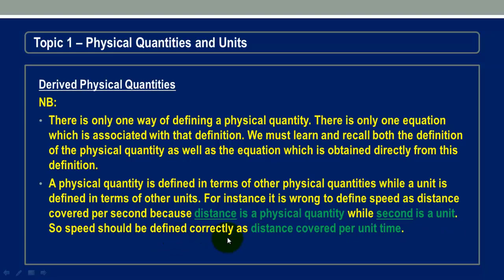So speed should be defined correctly as distance covered per unit time. Unit time is a physical quantity. Second is a unit. While in the previous definition, speed was defined in terms of distance, which is a physical quantity, and second, which is a unit. This is clearly not acceptable.